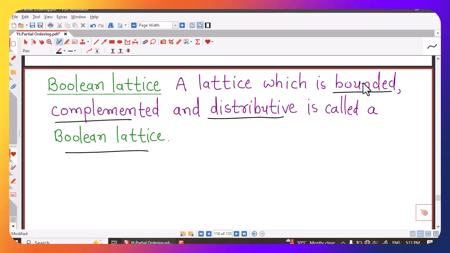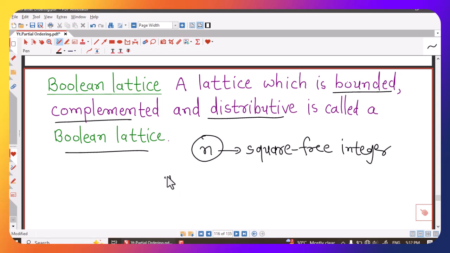We have seen examples of lattices which are bounded, complemented as well as distributive. If we recall in earlier lectures, we have seen that if n is a square free integer, that is, n is not divisible by any perfect square, then we know that the set of divisors of n with divides relation is a complemented lattice.